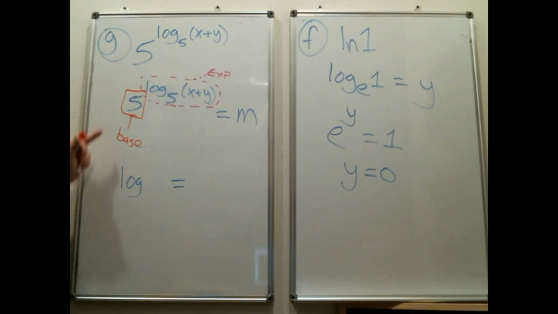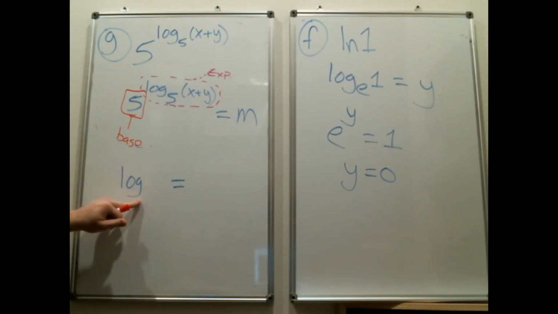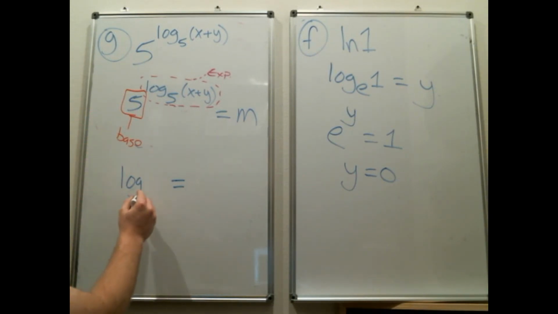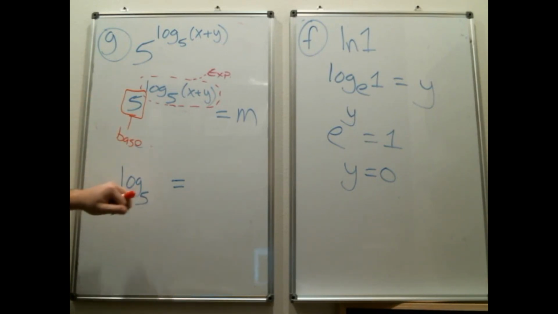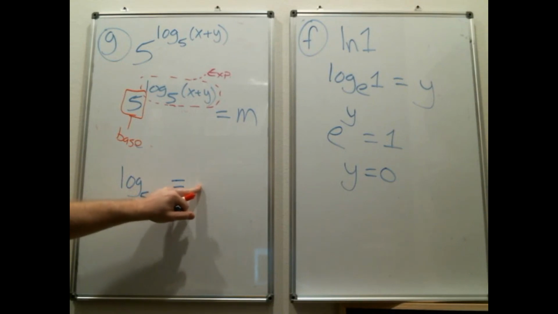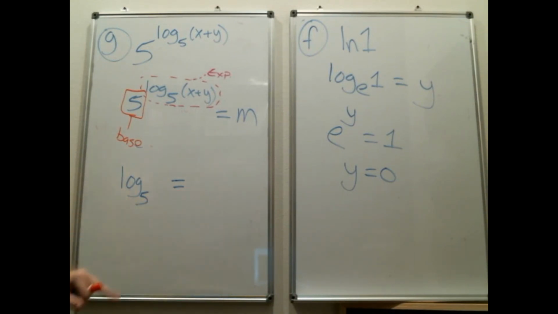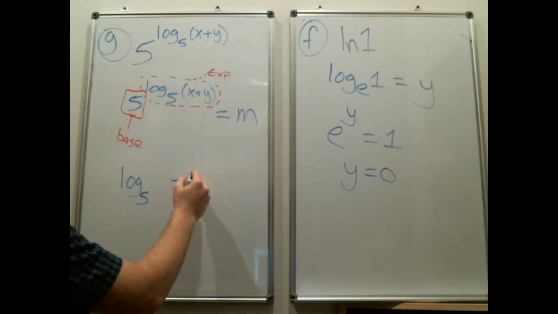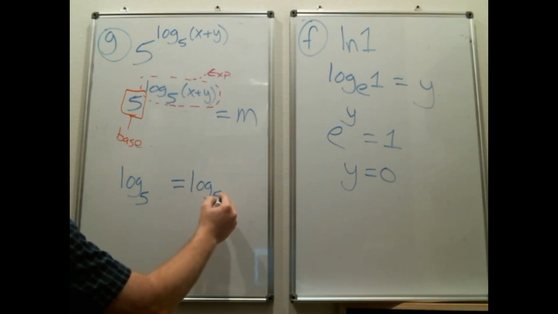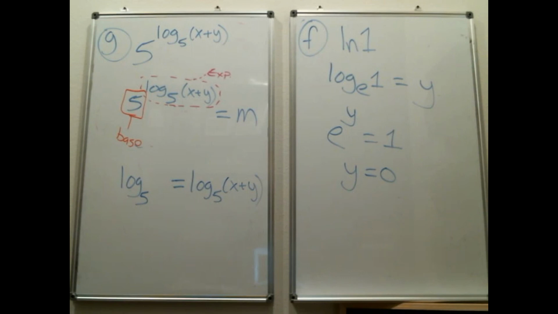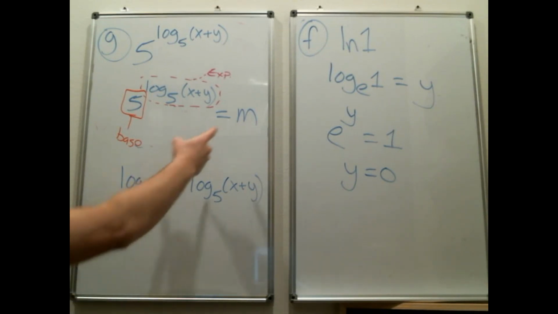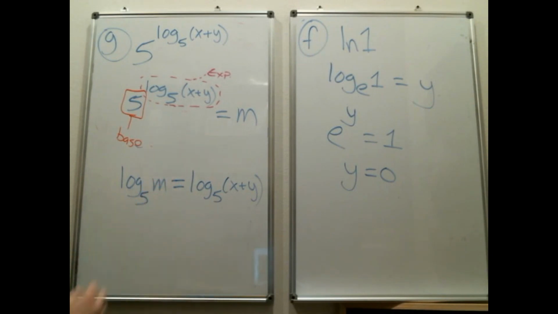Okay, so I have a base. My base in logarithmic form goes, it's a little subscript here. So that's this 5. So over here, this is always the exponent. So my exponent was this log base 5 of x plus y. And then what's left over is this m. Do you see the answer?